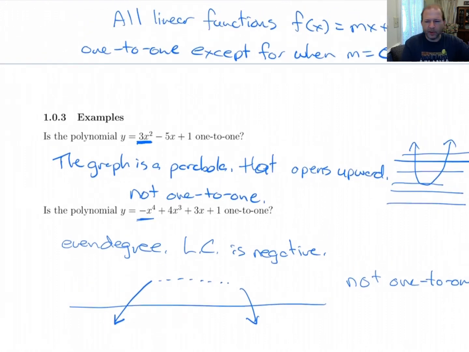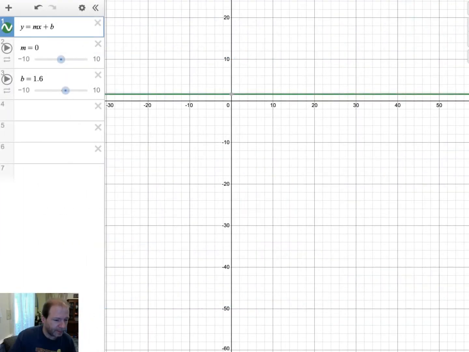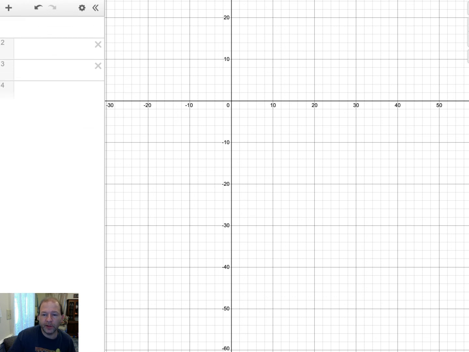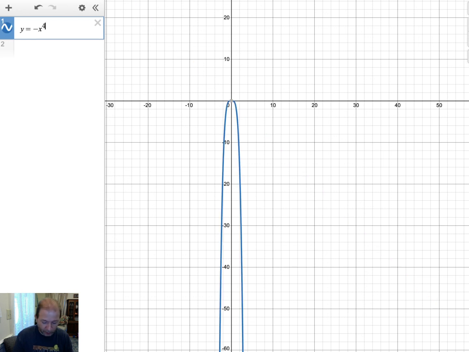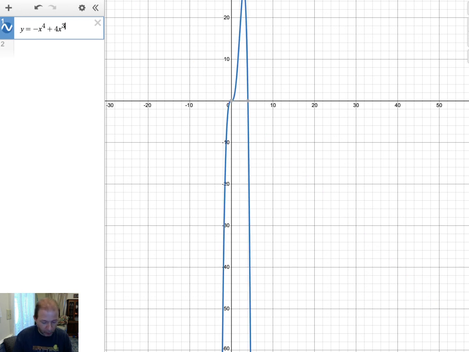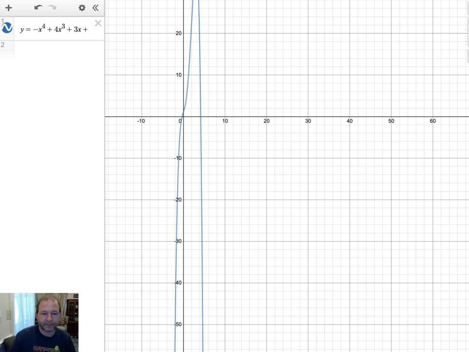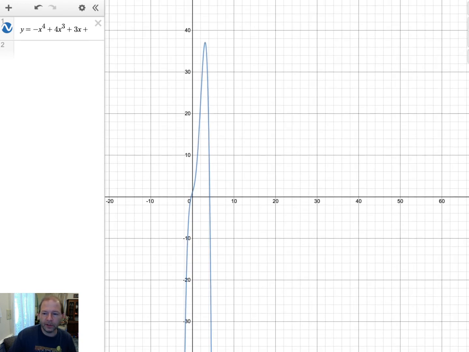So let's just play with that for a second on Desmos, because I think it's worth looking at. If I go over here and put that actual function in, it was y equals negative x to the fourth plus 4x cubed plus 3x plus 1. And if you look at it, sure enough, it looks kind of like a warped parabola or something.